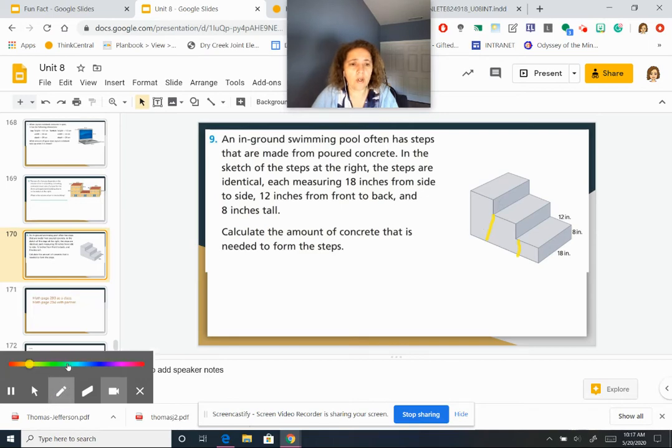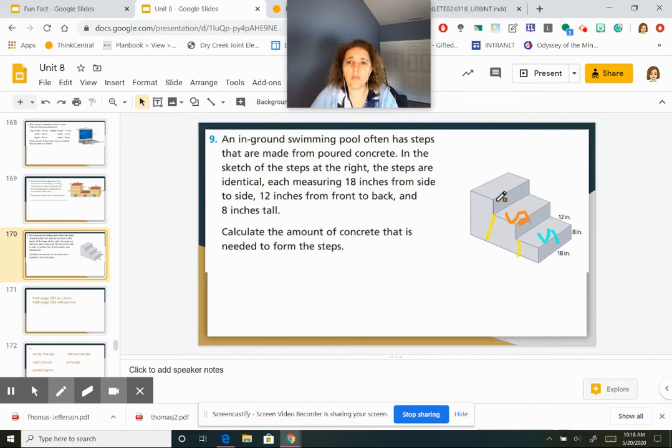So I'm gonna start off with my light blue again. I'm gonna label that one volume 1. My next one, I'm going to go back with my tan, and I'm going to label that one volume 2. So this shape right here is volume 2.